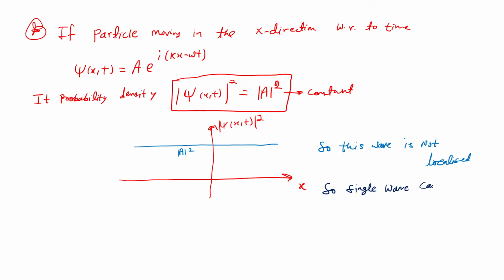A single wave cannot travel all over space. So then what to do? How can we overcome this problem?